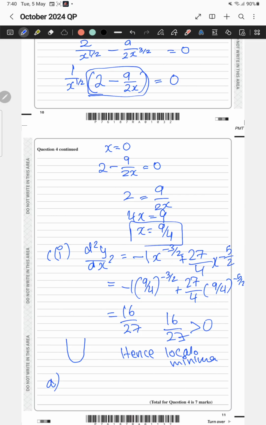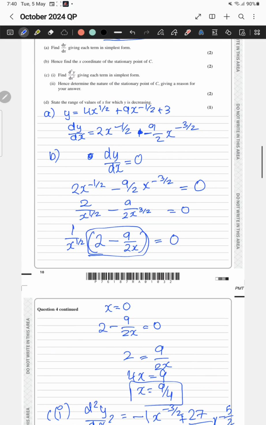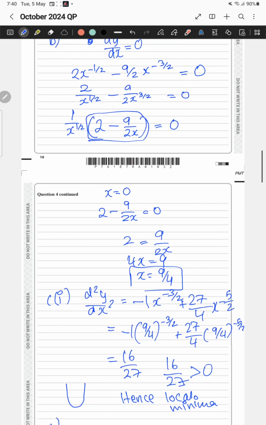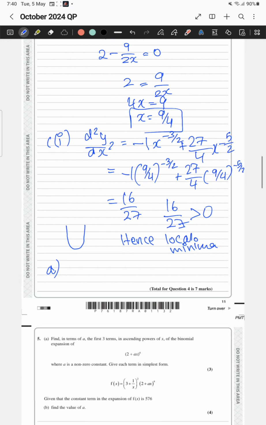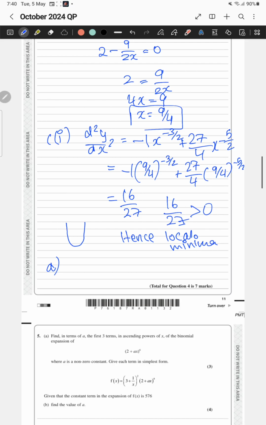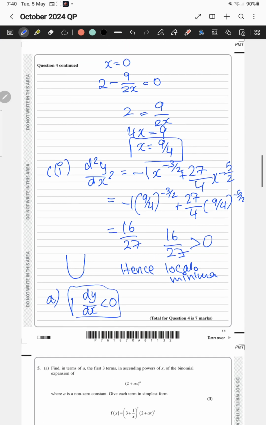All right, now state the range of values of x for which y is decreasing. So basically, if it is decreasing, dy over dx should be less than 0. Now we have to solve this inequality since we already have the x values, which are x is equal to 0, x is equal to 9 over 4.